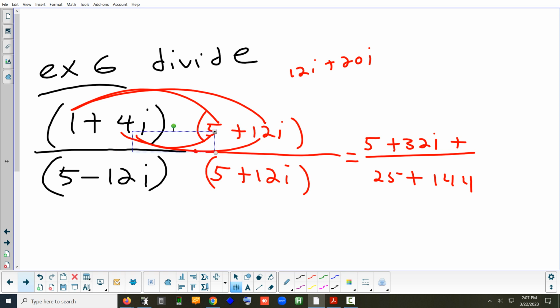But what's 4i times 12i? Something happens here that we have to take care of. I said, don't ever leave this in your final answer. Do you remember? Oh, it would be 48i squared. Right. You got 4i times 12i, so that's 48i squared.